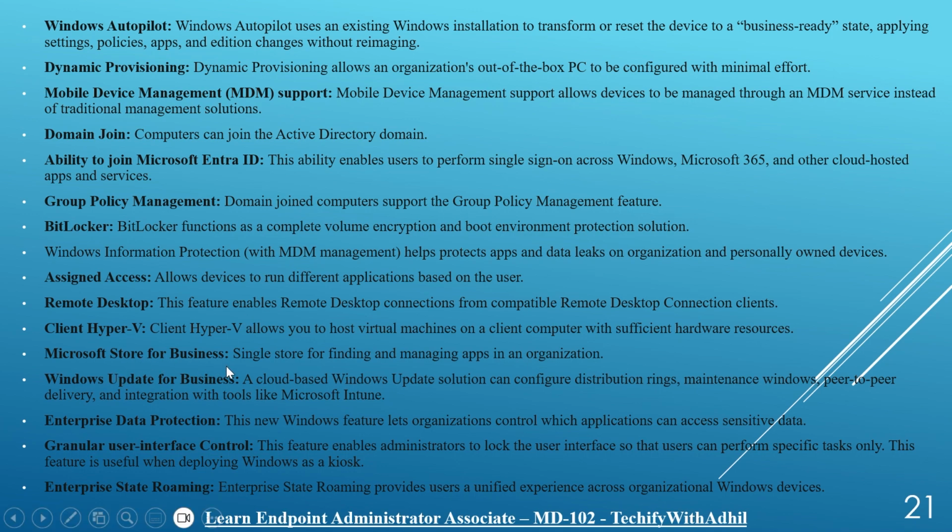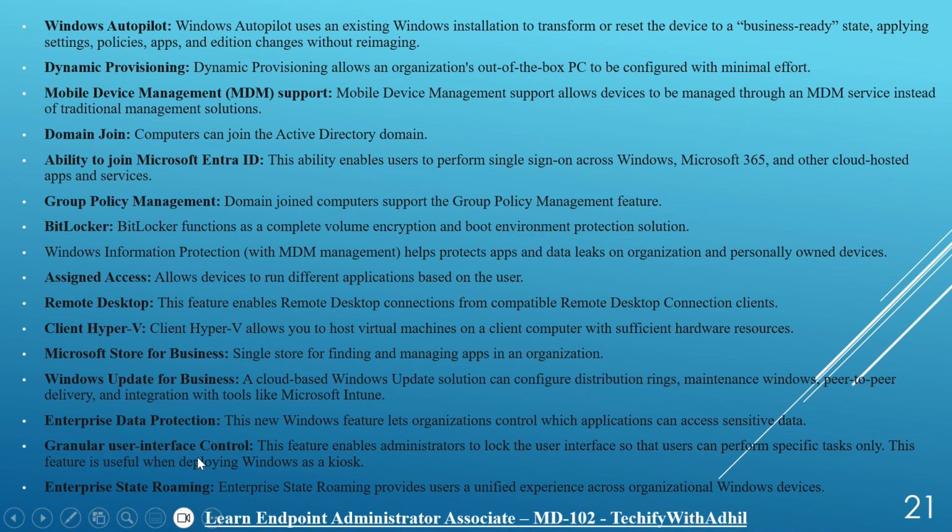Microsoft Store for Business is the single store for finding and managing apps in organizations. Then Windows Update for Business is a cloud-based Windows Update solution for configuring deployment rings, maintaining Windows peer-to-peer delivery, and integrating with tools like Microsoft Intune. Enterprise Data Protection is a new feature that lets organizations control which applications can access sensitive data.